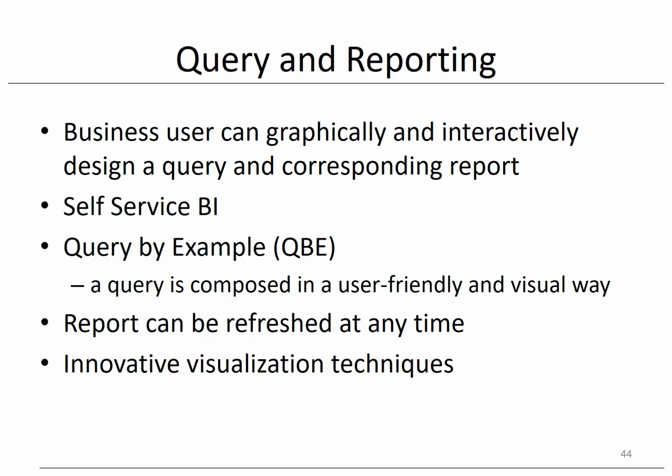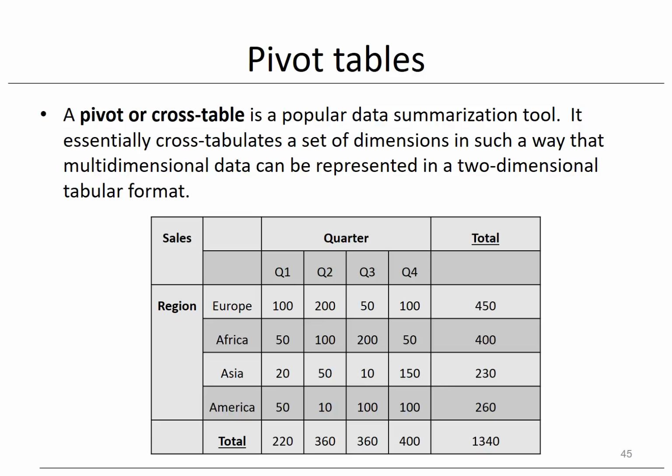Query and reporting tools implement innovative visualization techniques aimed at making interesting data patterns stand out more prominently. A pivot or cross table essentially cross-tabulates a set of dimensions in such a way that multidimensional data can be represented in a two-dimensional tabular format.